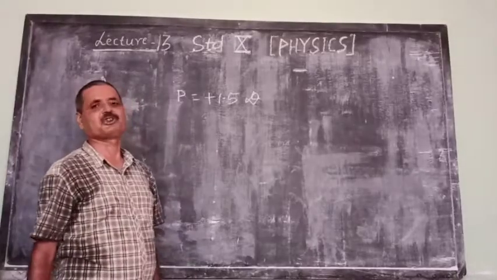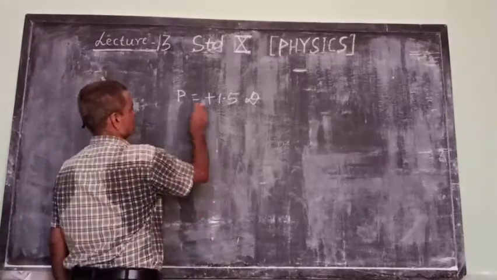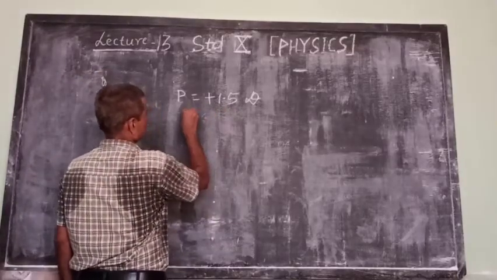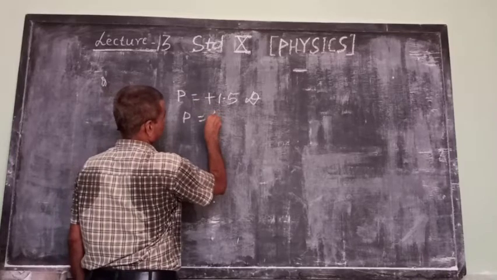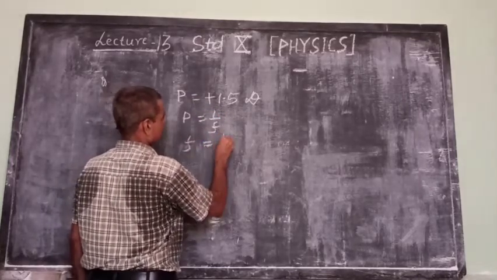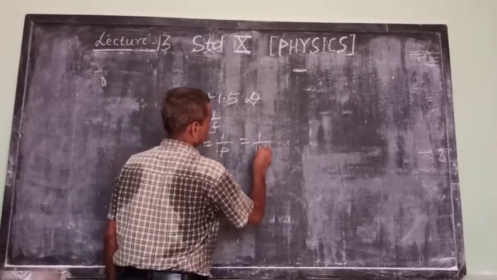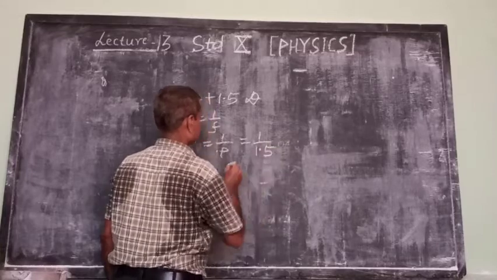The power of the lens is given and we have to calculate the focal length. Since P is equal to 1 by F, F will be 1 by P. So it is 1 by 1.5.